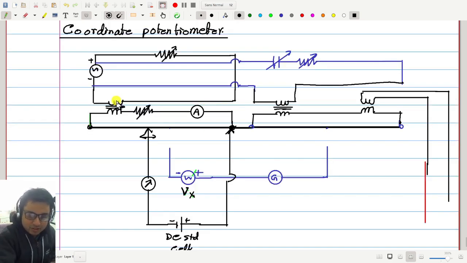Okay, and I need space. How do I do that? Let me erase it from here.